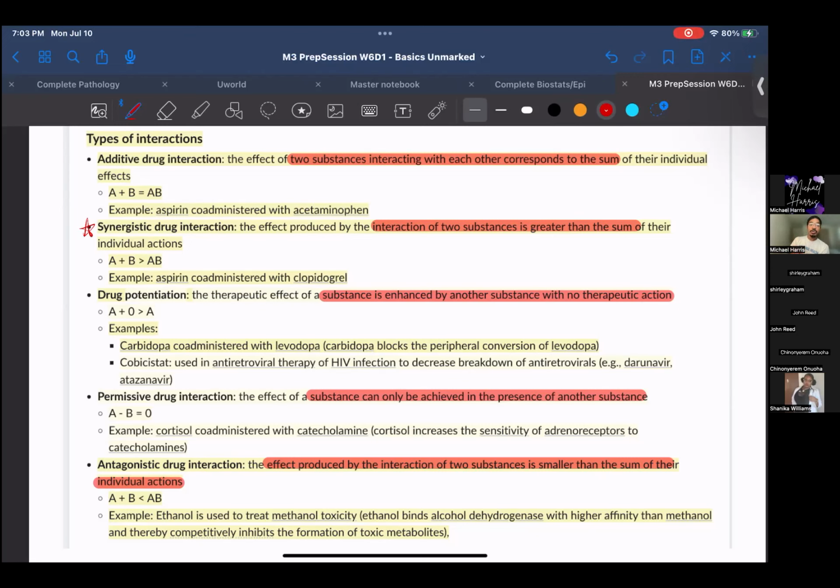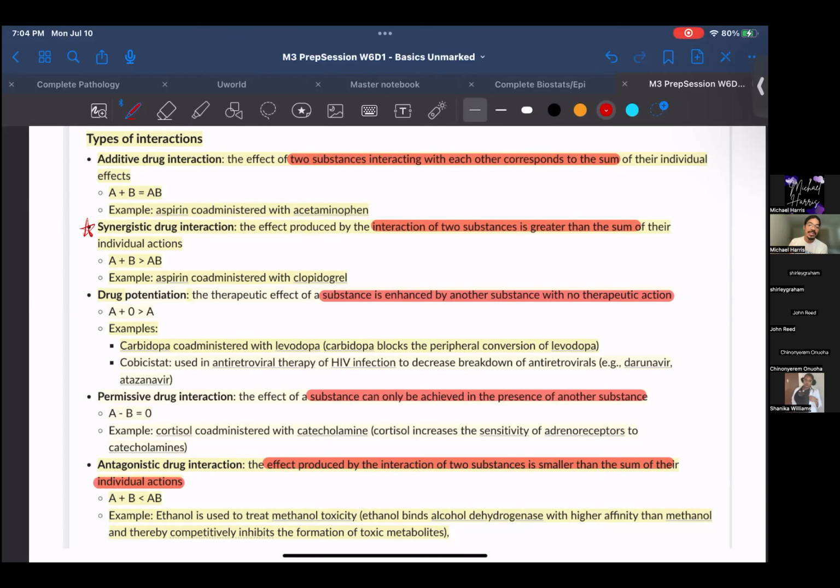Now, you also have things like permissive drug interactions. This is when something is needed for you to utilize a certain hormone. An example of this is back in year 1, cortisol with catecholamine production. If you remember, cortisol activated the enzyme that took norepinephrine and changed it into epinephrine.